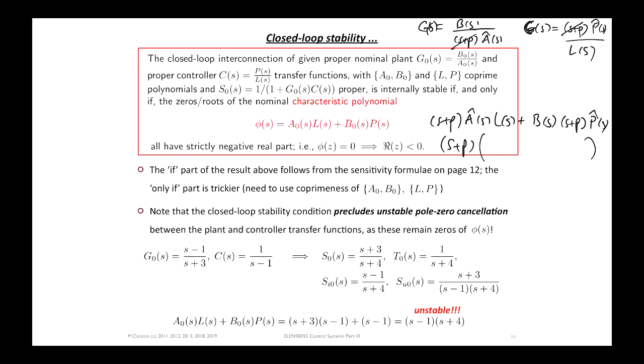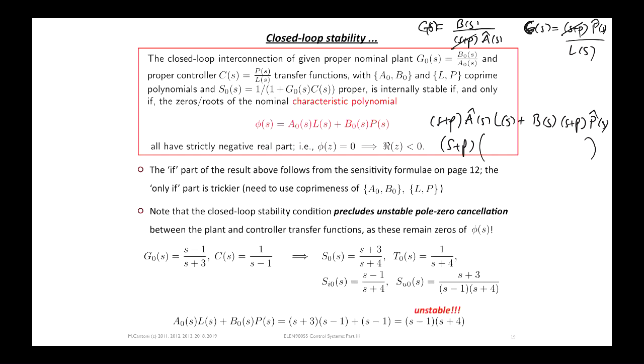So you can't have unstable pole zero cancellation because that will lead to one of the sensitivity functions having an unstable pole. Stable pole zero cancellation is okay from the perspective of stability, because that cancelled stable pole will just arise in one of the sensitivity functions, but it's stable, so it doesn't destroy the stability property that we're trying to achieve. But you can't have unstable pole zero cancellation.